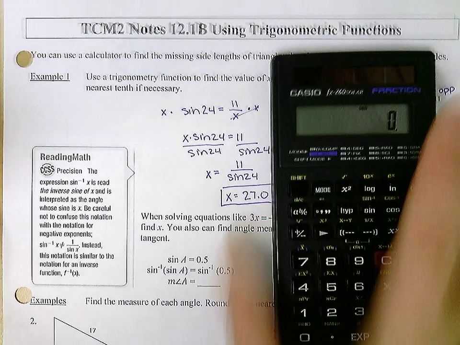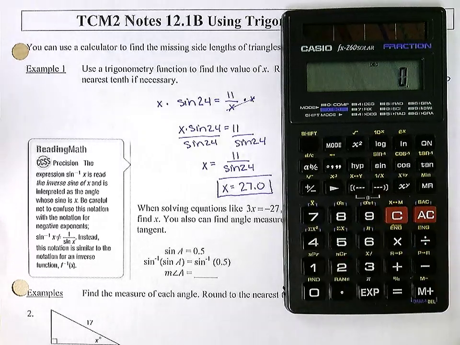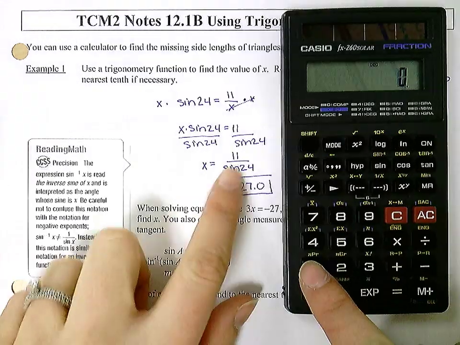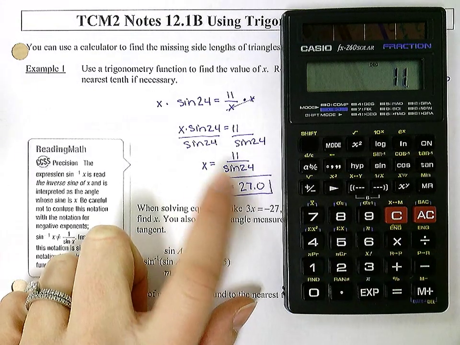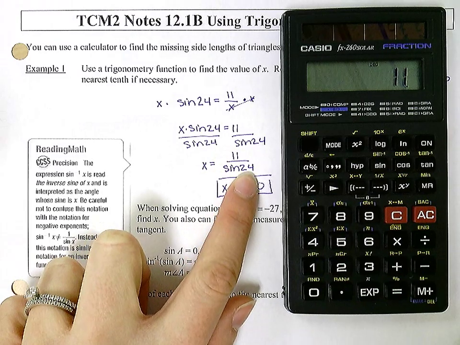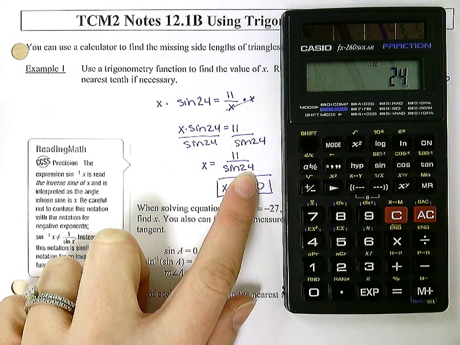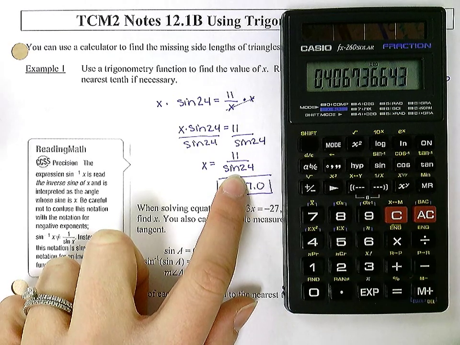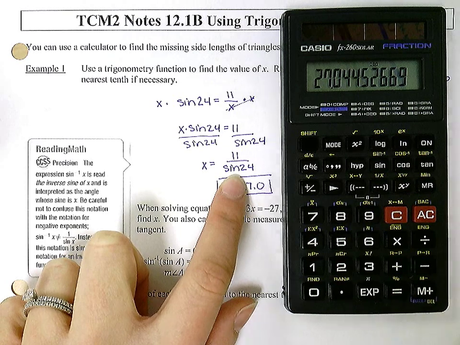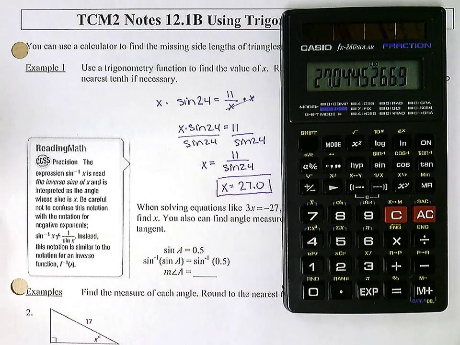Okay, so if you use a different type of calculator or your phone to answer these problems, you're still going to type in 11 first, then divided by, then you need to type in your angle measure. Okay, so that would be 24, and you want to press sine, okay, and get a decimal, then you have to press equals. Okay, so you still have 11 divided by, but then you need the angle, sine, then equals.